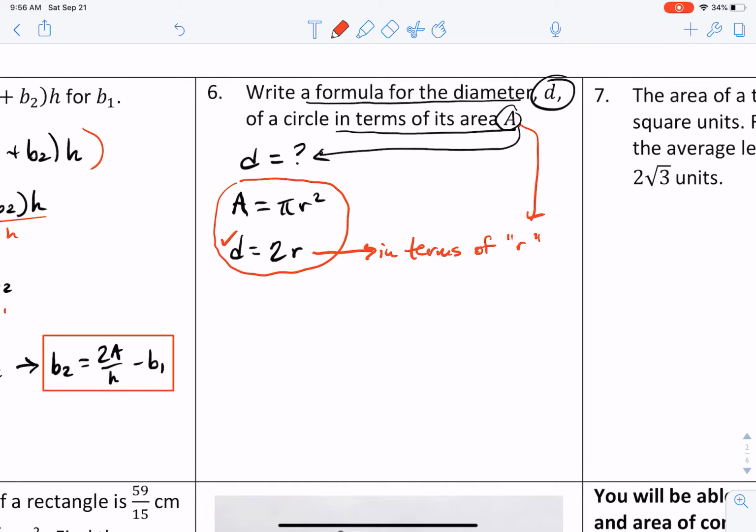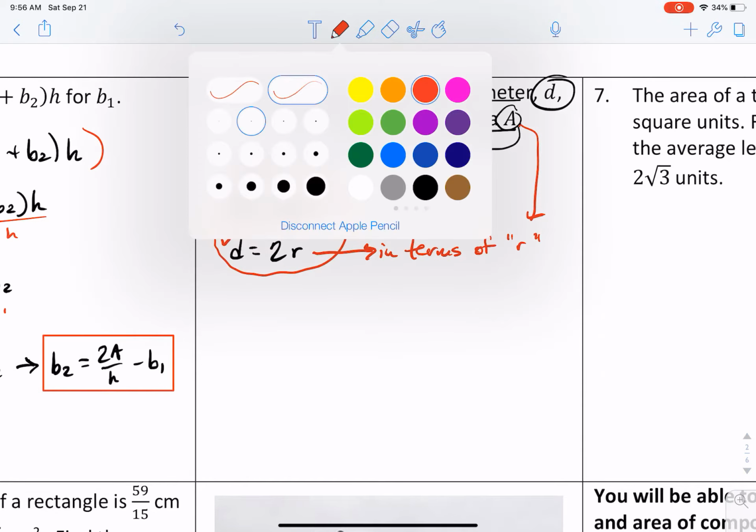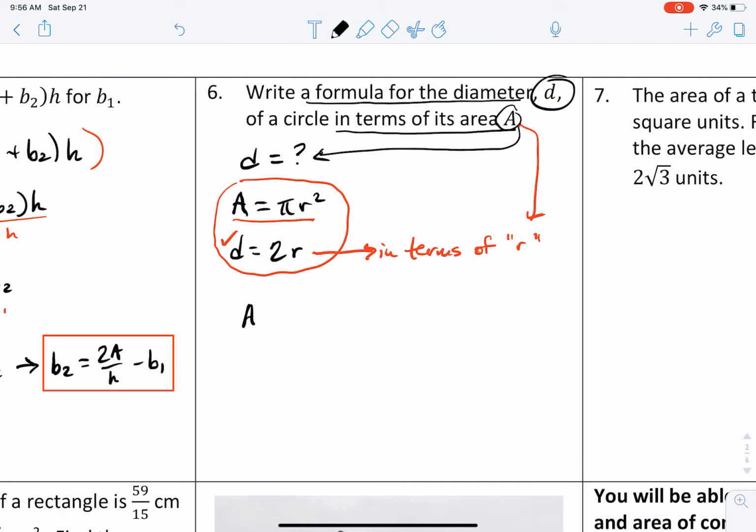To get rid of the r, this means back up here at our equation for the area of a circle, we're going to solve that one for r. So I'm just going to rewrite it again. A is equal to pi r squared. And then to solve this one for r, I got to get rid of the pi.